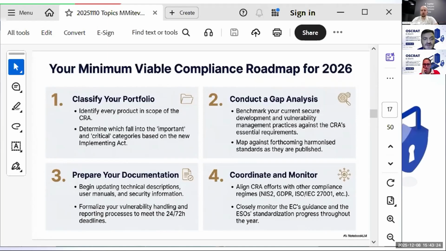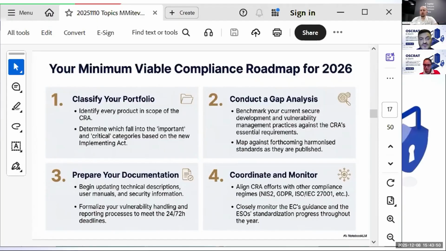Next, step 3, prepare your documentation. Update your technical descriptions, user manuals, and security information. Also prepare your vulnerability handling process for the 24 hours reporting rule. And the next step 4, coordinate and monitor.